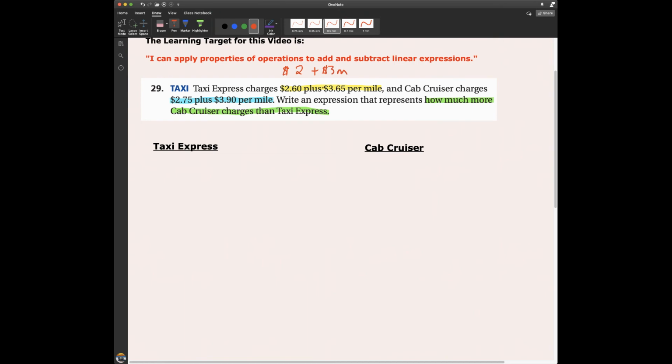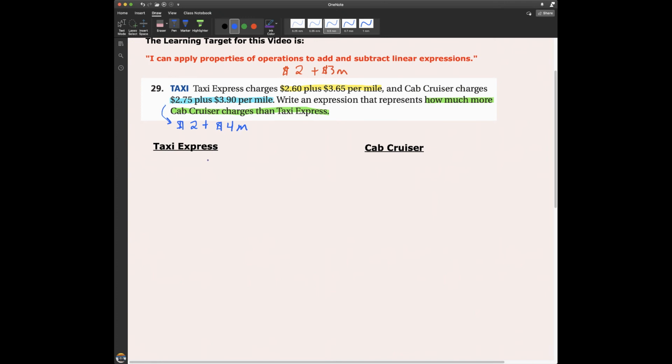All right. For cab cruiser, again, we'll use $2 plus, and we'll say $4 per mile. So if you go 1 mile in their taxi, you will owe them $6. $2 to just get in, close the door, and then that first mile is going to cost you $4 because M will be 1.